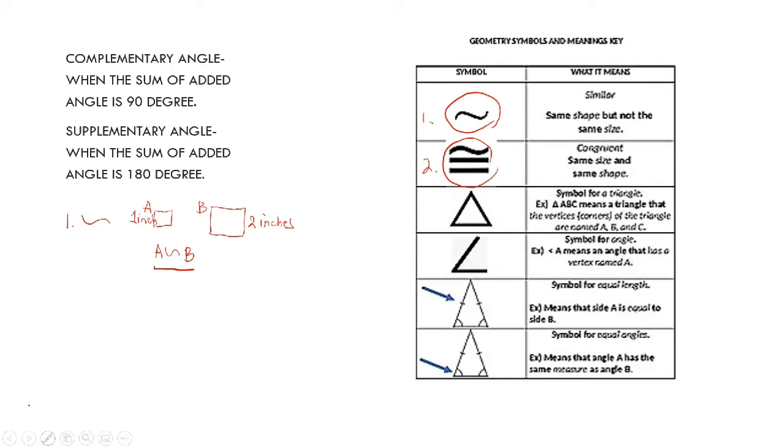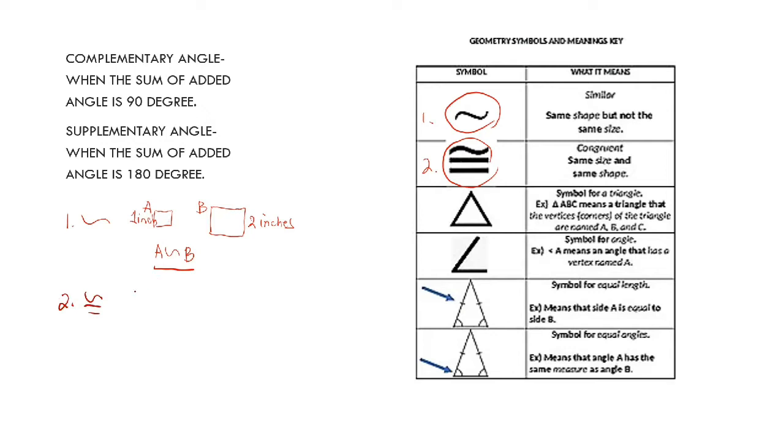What do they have in common? They should both have the same shape. But in similar, even if they are not the same size, we use the similar symbol. In congruent, we use this symbol if we have the same size as well as the same shape. For example, let's use this symbol, the congruent.